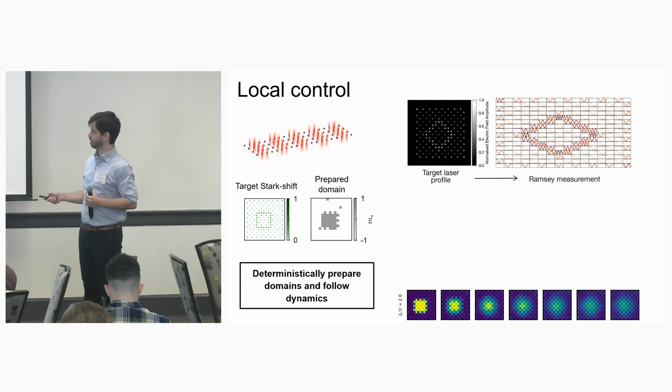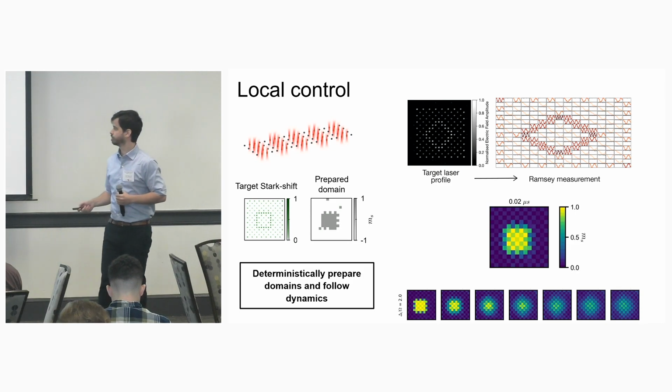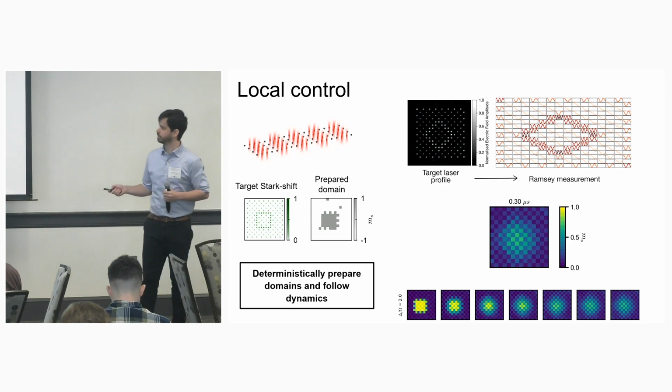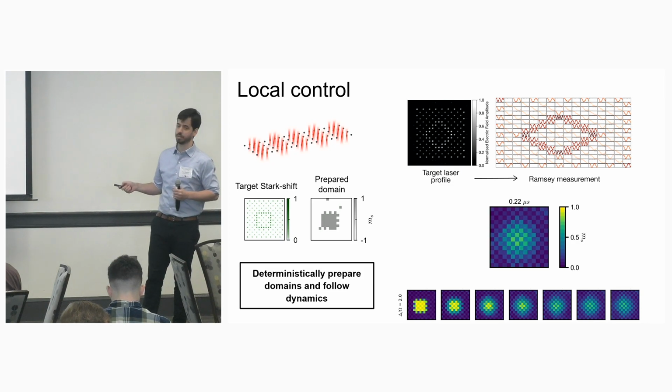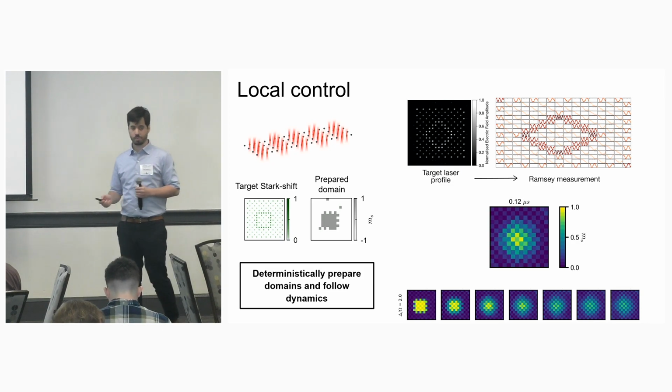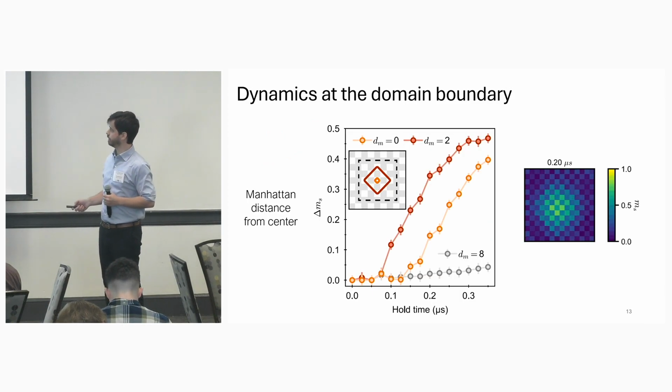And what we see here is that for this type of square domain, it evolves pretty dramatically, it kind of goes away, right? So you can imagine that it maybe melts, but actually it turns out that what happens is that it shrinks. And you can really see this.